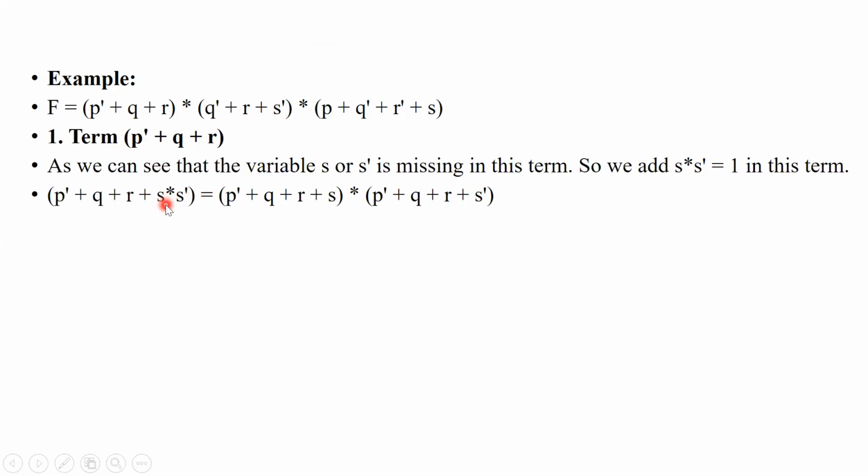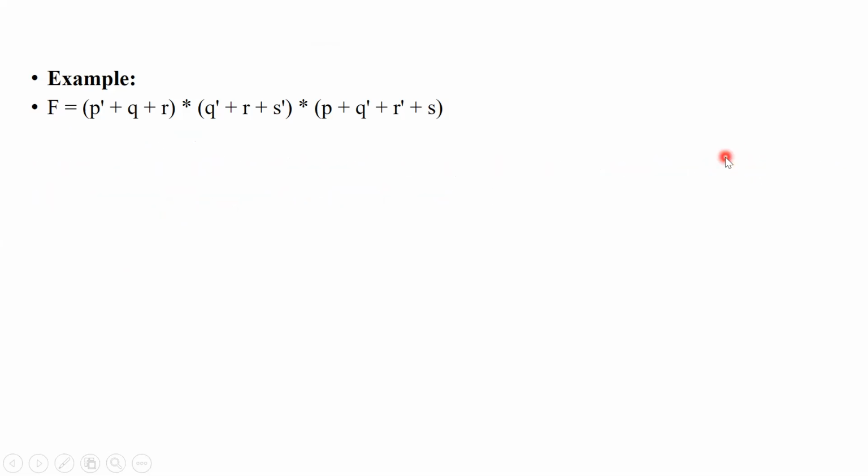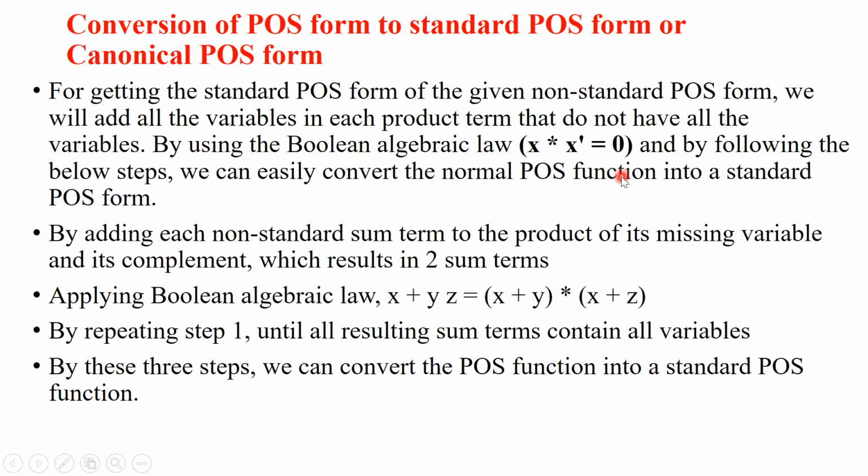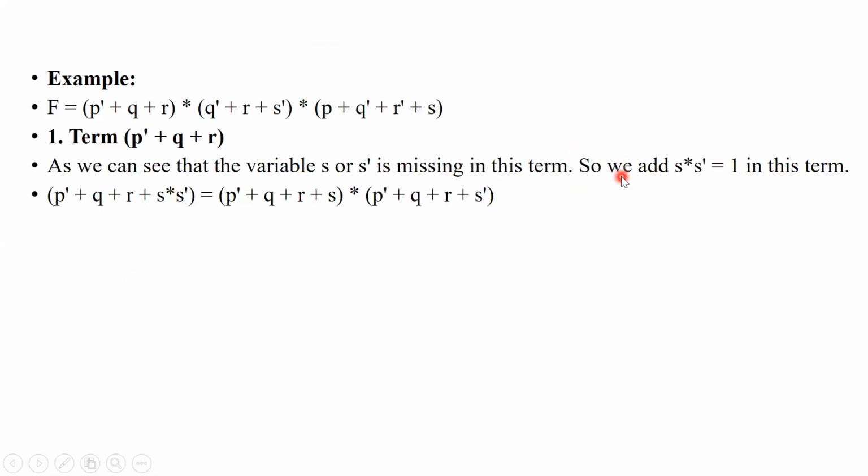So is it 1 or is it 0? It should be 0, na? It should be 0 only. Yes, it should be 0 because if we add 0 here, no effect will be there. This one was right. So, if I add 0, it won't have any problem. So, S into S dash is equal to 0.